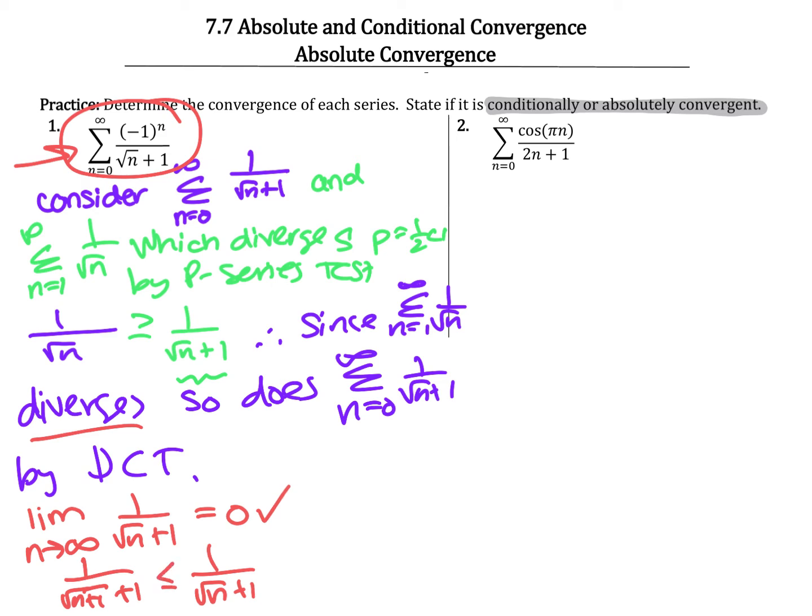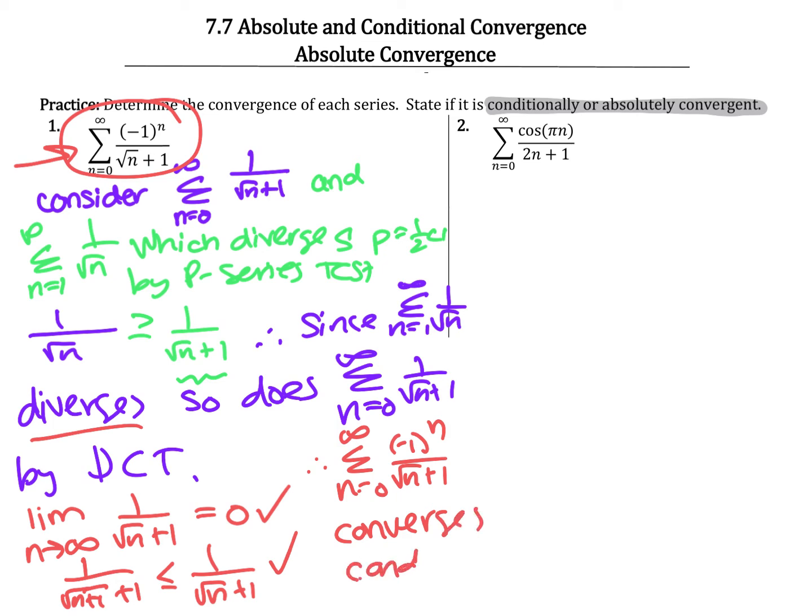This is going to be less than or equal to. Therefore, our original series from n equals 0 to infinity of negative 1 to the n over the square root of n plus 1 converges conditionally, only when it is alternating, by the alternating series test.